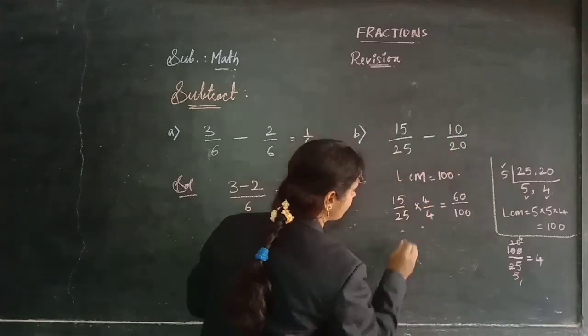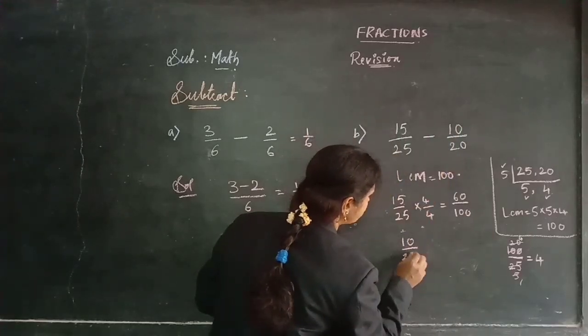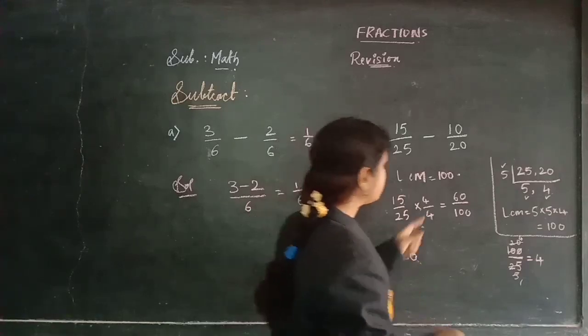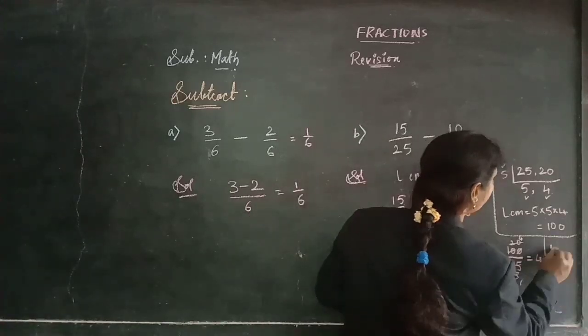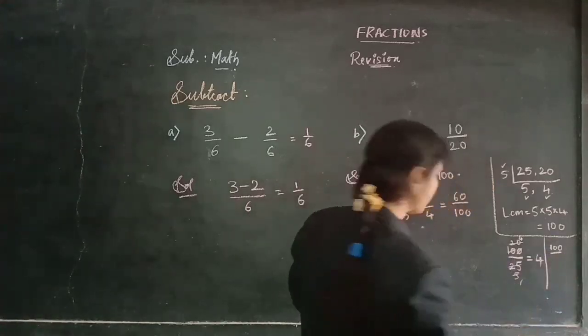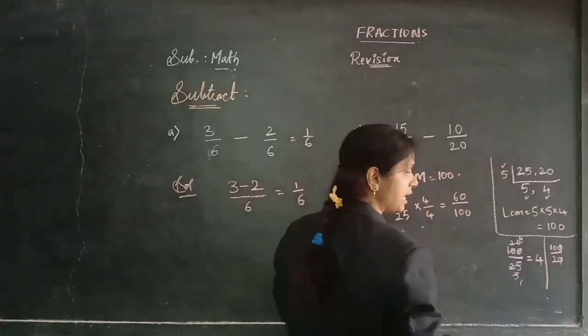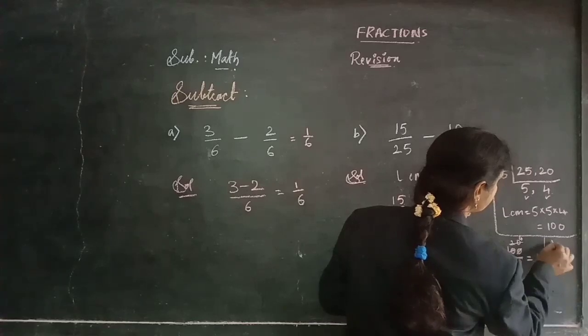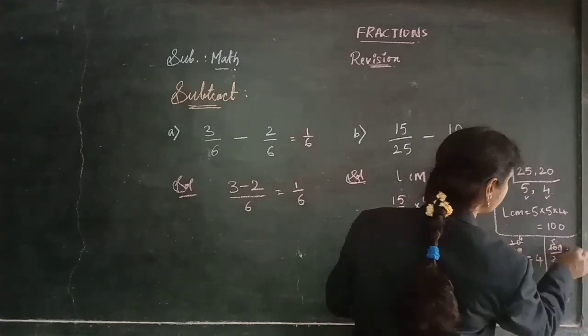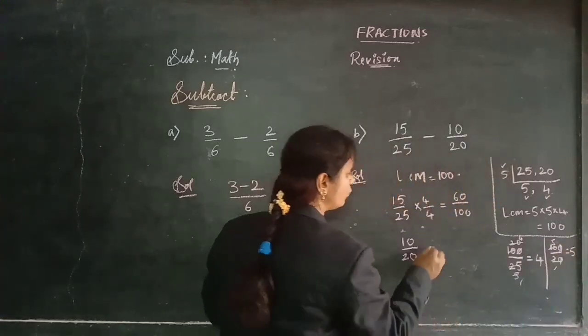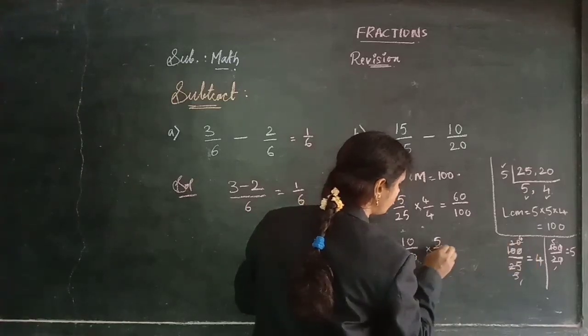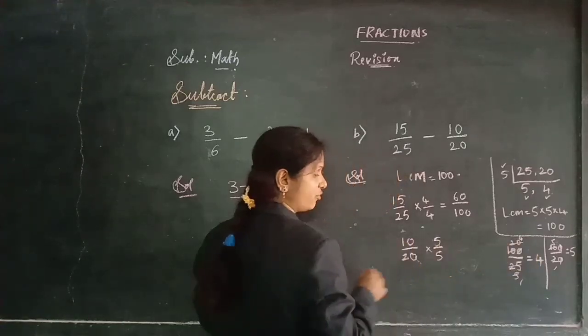Bring down the second fraction, which is 10 by 20. Now the LCM number 100, you divide by the second fraction's denominator 20. So the 0 and 0 get cancelled at last, and 2 1s are 2, 2 5s are 10. So I am getting 5 by 1, nothing but 5, children. Now with that 5 you need to multiply the numerator and denominator of the second fraction.